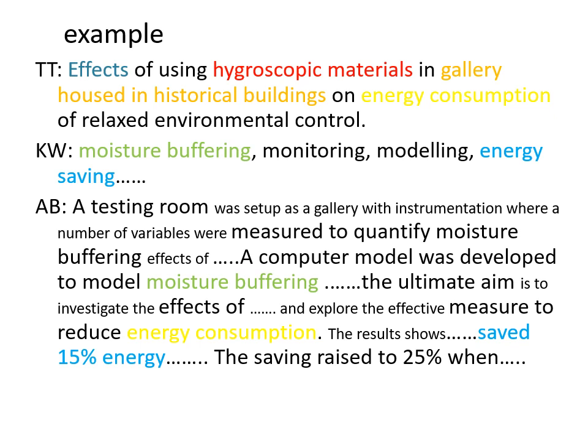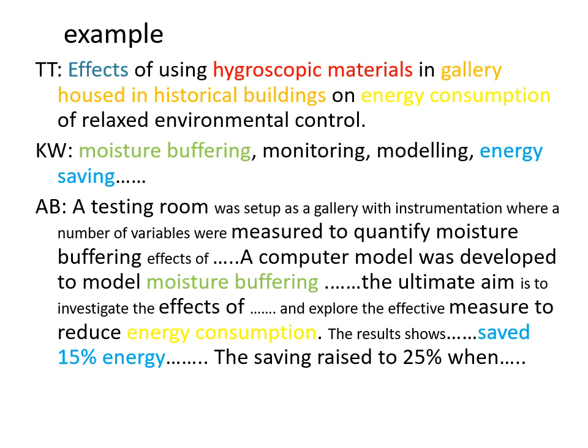Which aspect is being investigated? Their effect. What effect? The effect on energy consumption under a relaxed control strategy, applied in what kind of buildings? Gallery buildings, and not modern gallery buildings but historical buildings, old buildings.